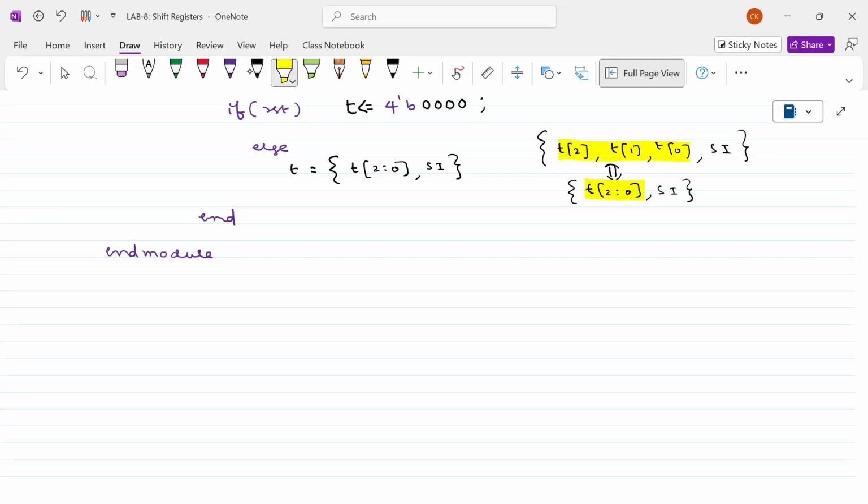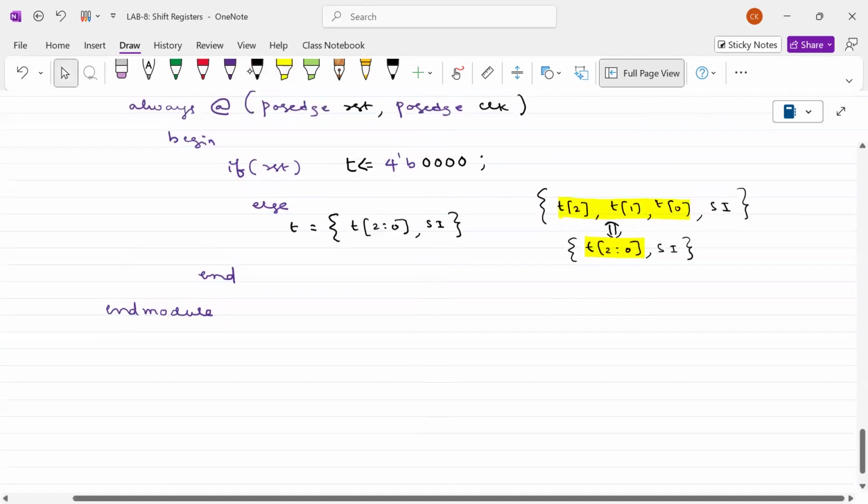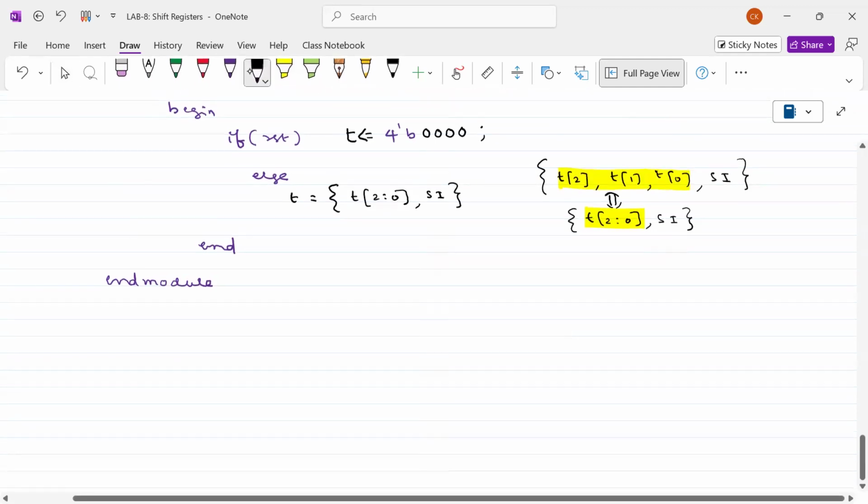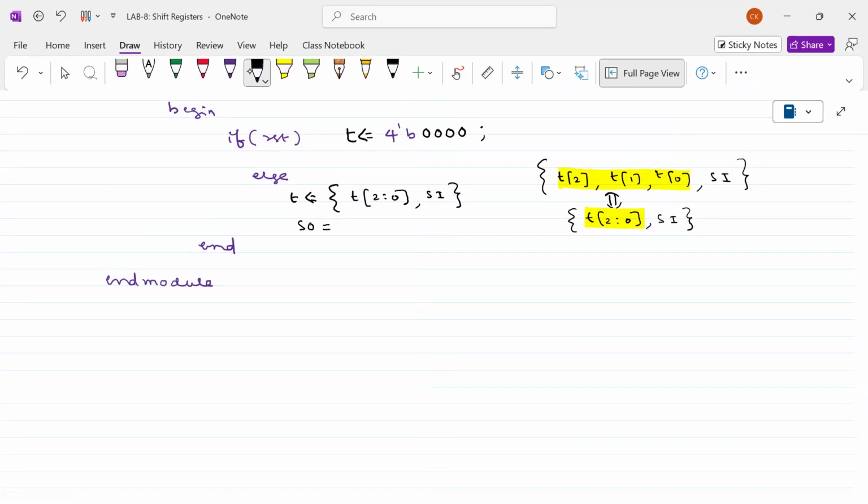But what about the serial out? It is required, right? So therefore, serial out is actually assigned with T of, sorry, T3, right?